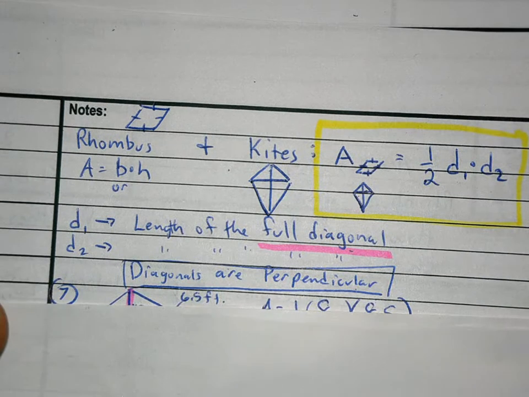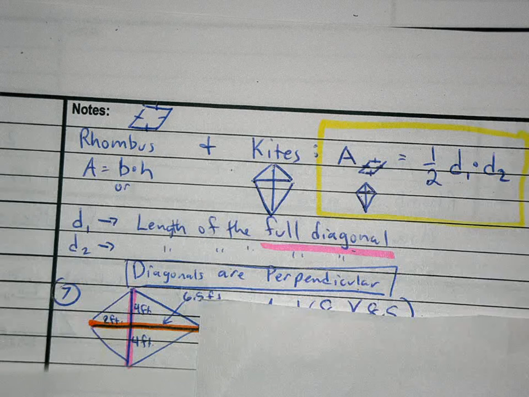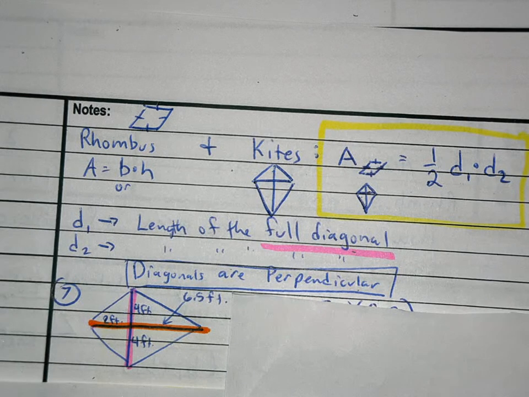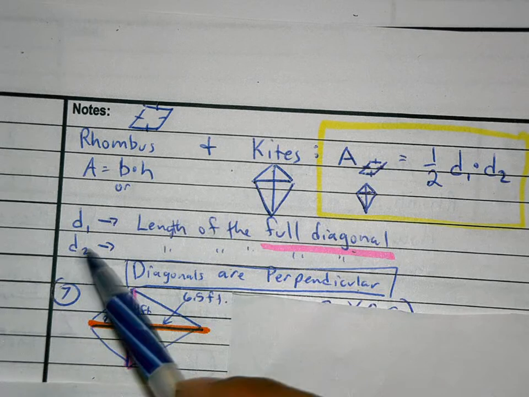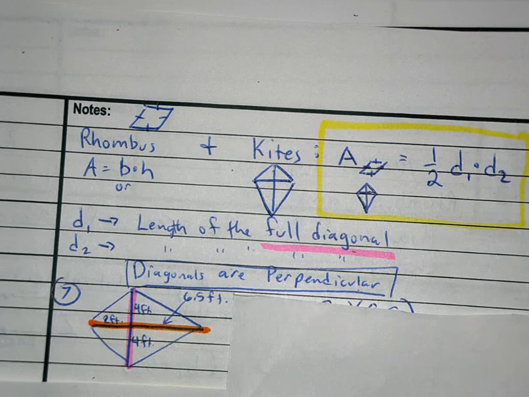And so they are going to try to trick you, and I'll show you what I mean when I give you example number 7. D1 is the length of the full diagonal. D2 is the length of the full diagonal as well, just so you're aware.